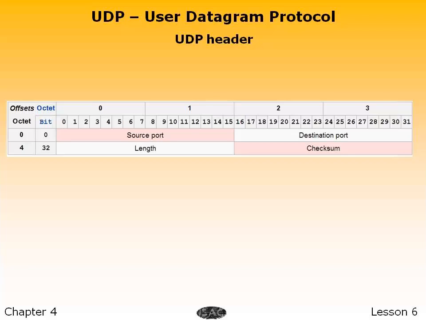The protocol is that for UDP: 17 or 0x11. The UDP length field is the length of the UDP header and data. UDP checksum computation is optional for IPv4. If a checksum is not used, it should be set to the value 0.